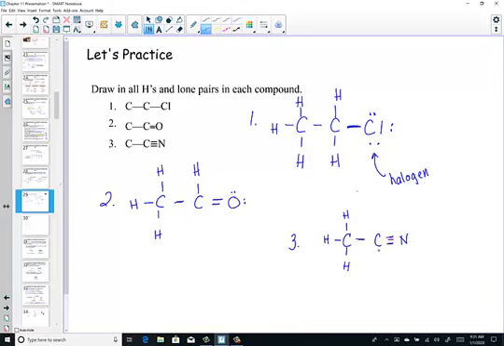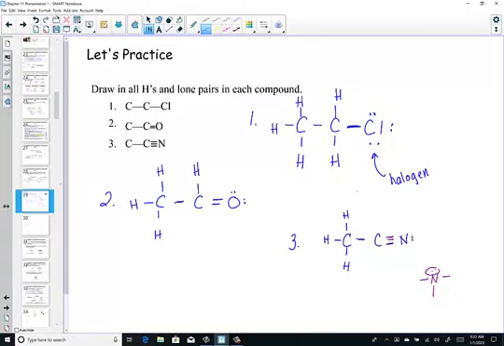It does not receive any hydrogens. And nitrogen, if you remember, lives in group 5A. It can form up to 3 bonds. It has done so with that triple bond, but it also requires a pair of electrons to complete its octet. And there's our perfect structure for number 3.